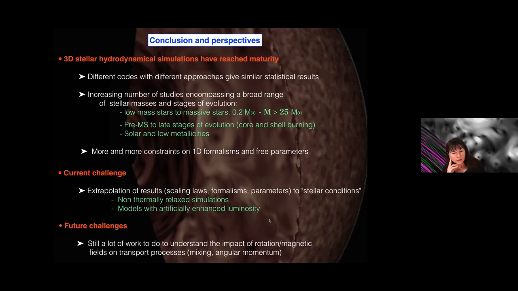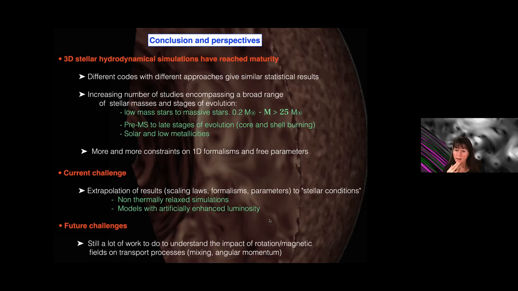And I think it's an interesting discussion to have how we could, with existing hydro simulations, existing codes, try to model this meridional circulation, which in stars have such low Mach numbers.